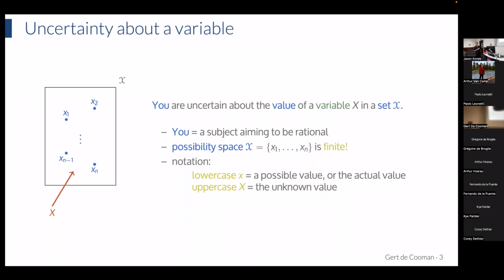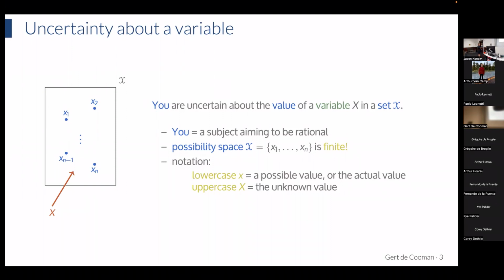And our variable is denoted by uppercase X. So we will use uppercase for something we don't know, and we will use lowercase for something that we do know, or for something generic, as a notation, as is typical in probability theory.